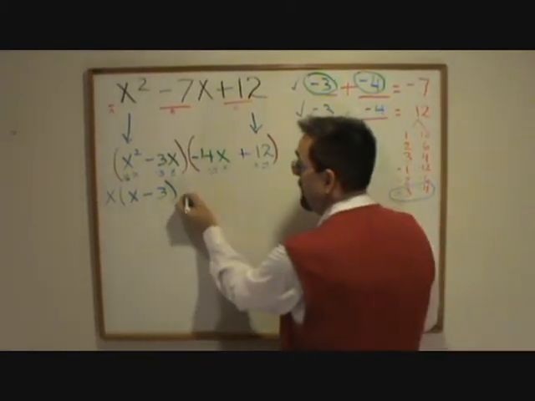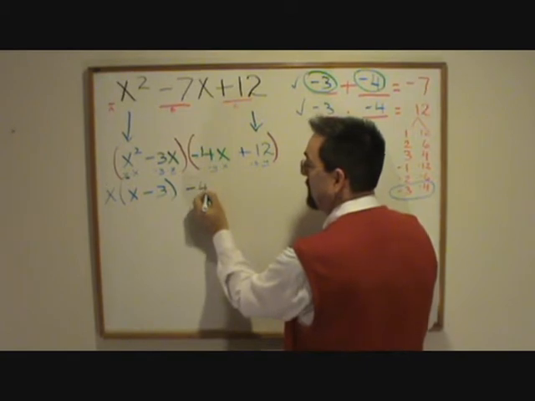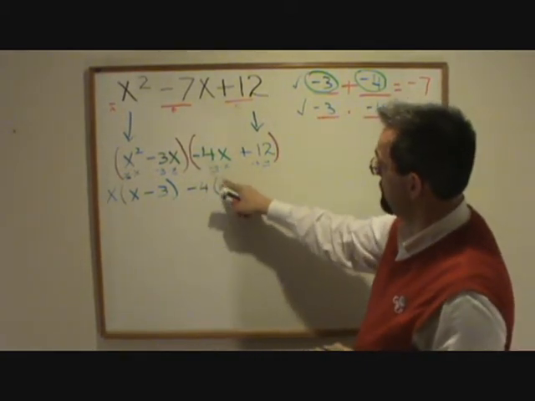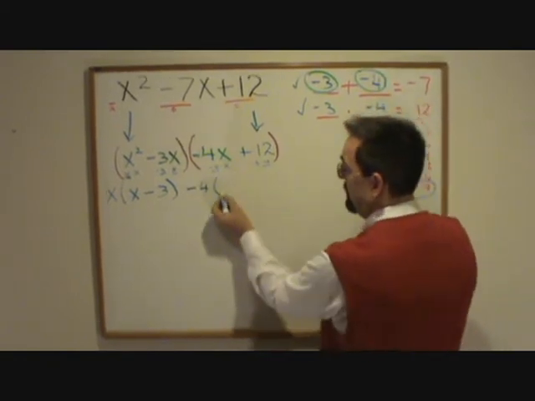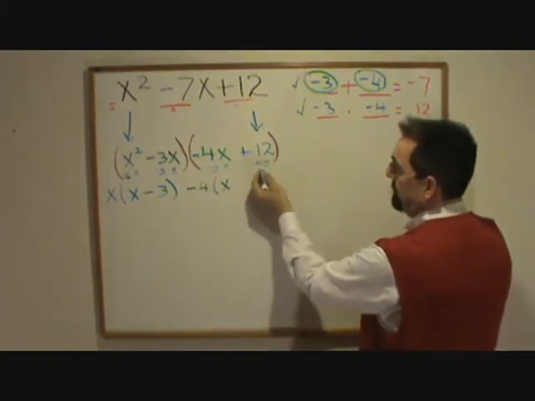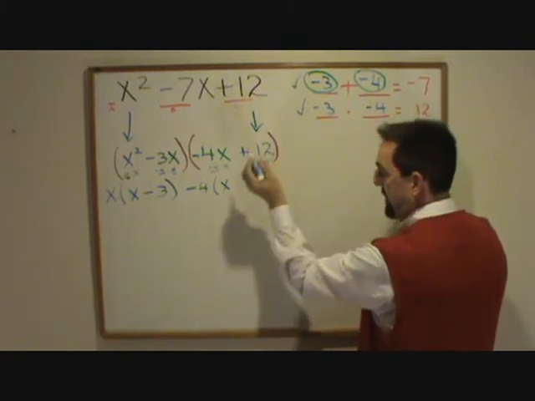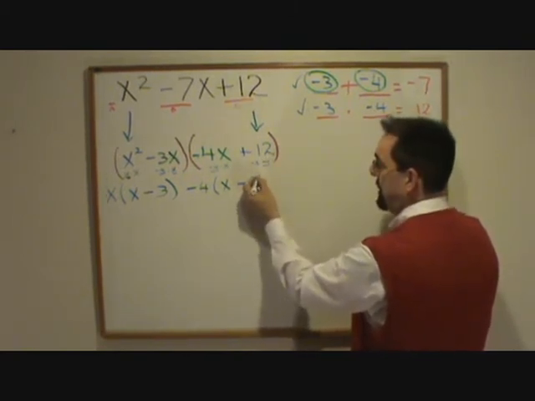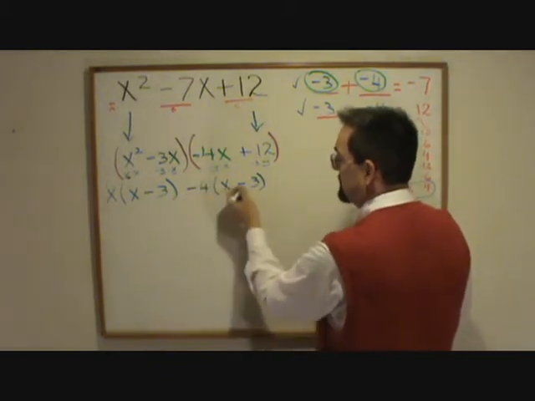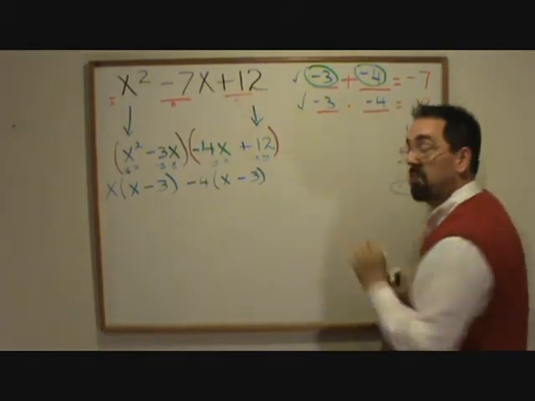Let's try that. Minus 4 times the quantity. Minus 4 times something gives me minus 4x, so we left the x in there. Minus 4 times minus 3, so minus 3. Minus 4 times x is minus 4x. Minus 4 times minus 3, minus 12.